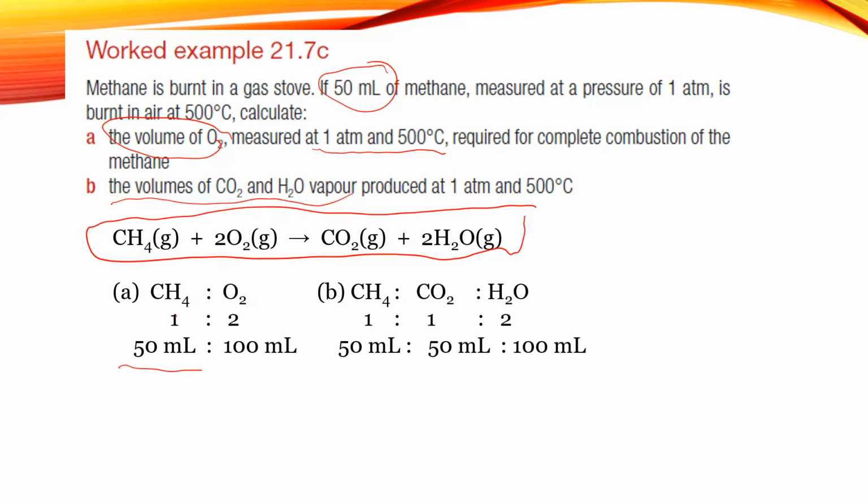And that's your answer to A. Job done. In the second example, they're interested in carbon dioxide and water. So once again, using the molar ratios, which is 1 to 2, you've got 50 ml of carbon dioxide and 100 ml of water. Once again, just using the volumes as moles.